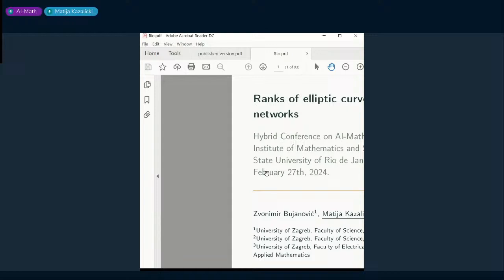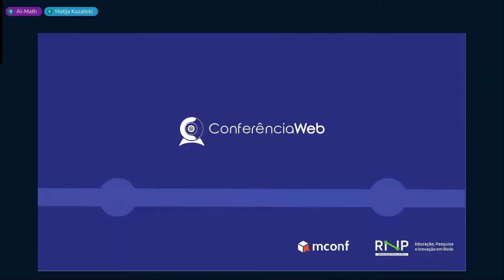Try to press Control L. Yeah, I pressed Control L. But what else do you see? Perhaps I see your Acrobat window, not your presentation. I think you need to choose to share your entire window, your entire monitor.